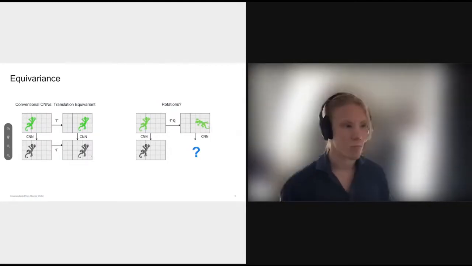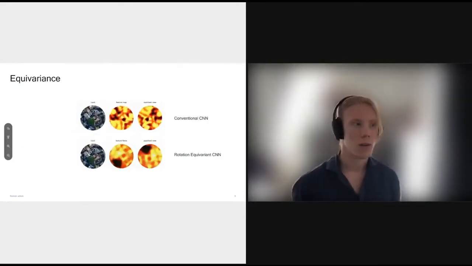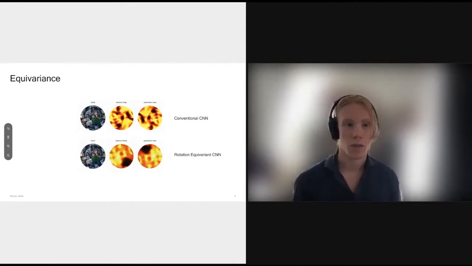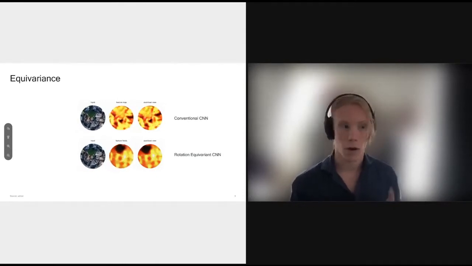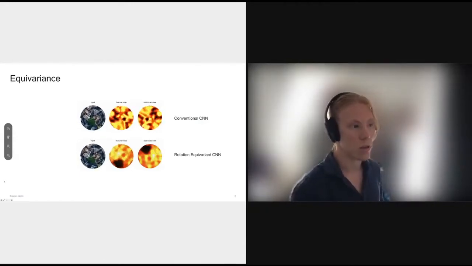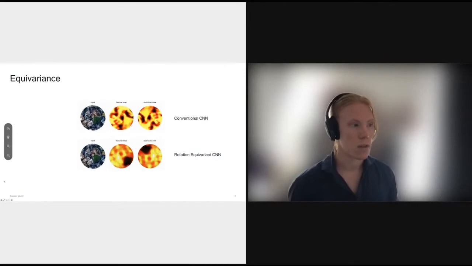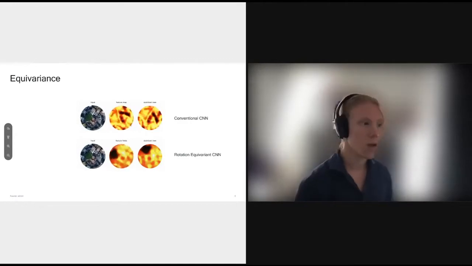We can see a nicer example here. On the top row, we feed rotated copies of the same image inside the convolutional neural network, and what we see in the center here is the output produced by the network. It's clear that the output is not perfectly rotating, but it's deforming and transforming unpredictably.